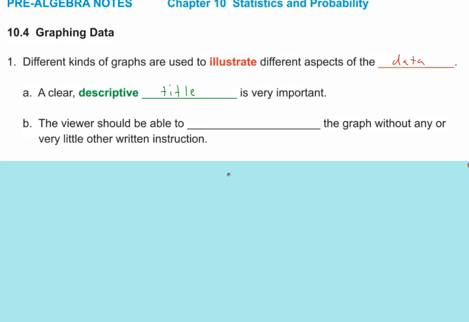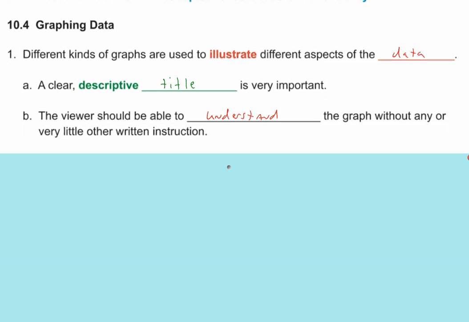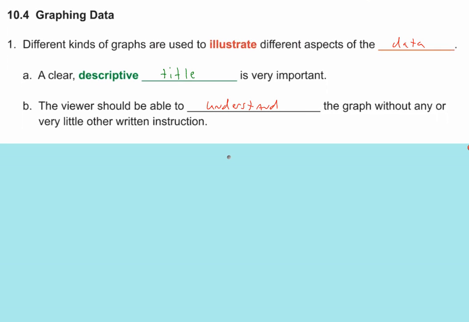All right, B, the viewer should be able to, again, as I just said, understand the graph without any or very little other written instruction. And that's your goal. Have you guys heard the adage, a picture is worth 1,000 words, right? And that's the idea. You want your graph to be a picture that then helps the person understand exactly what's going on.